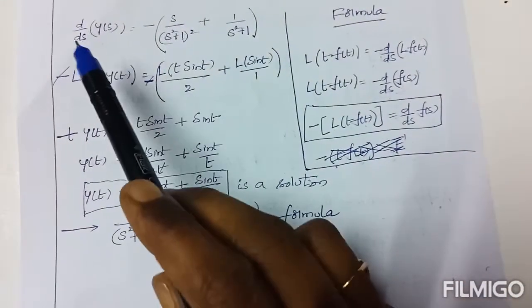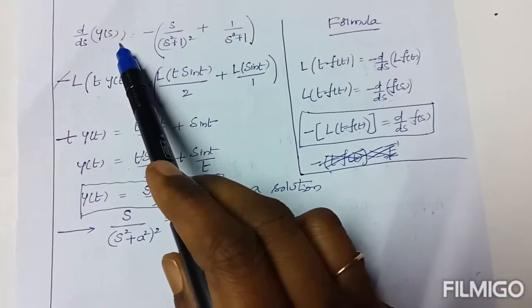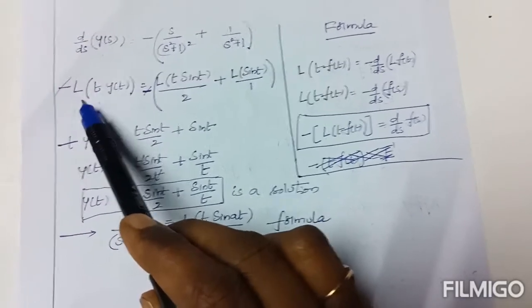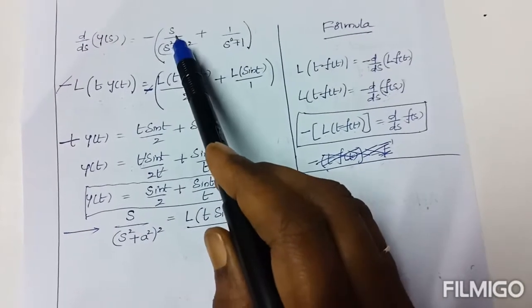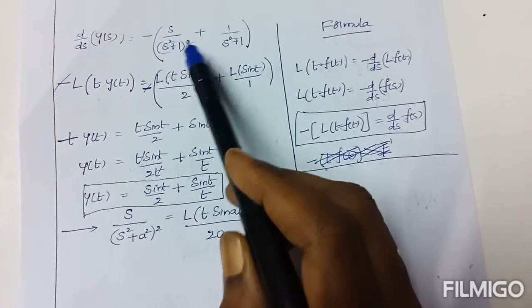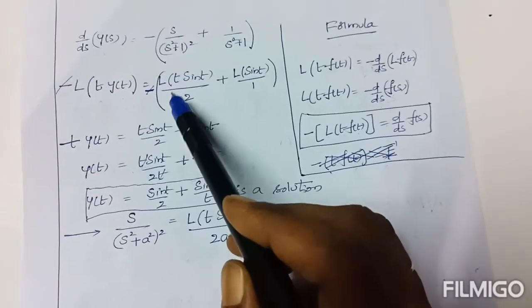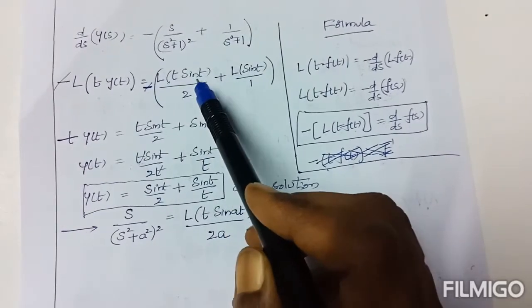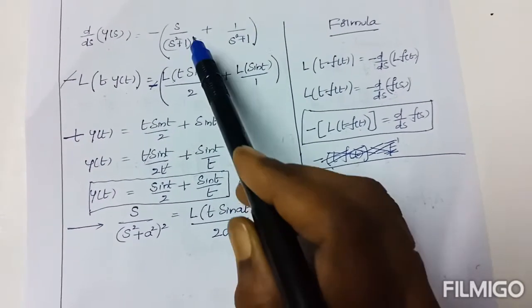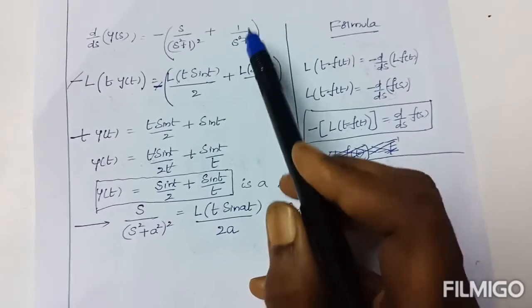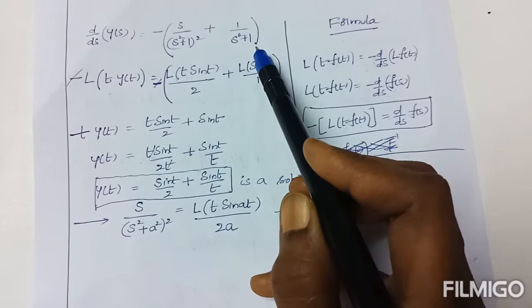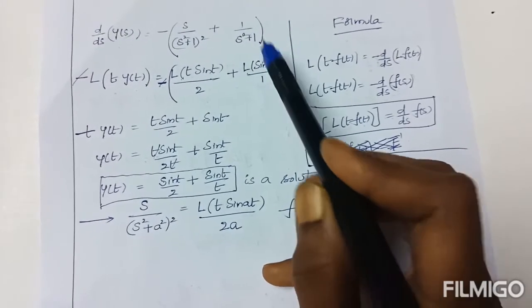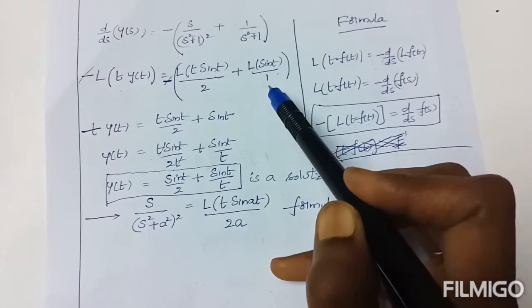As per this formula, d by ds of y of s equals minus L of t into y of t. Minus, this is s by s square plus 1 whole square, a standard formula, 1 by 2a Laplace transform of t into sin at, here a is 1, plus 1 by s square plus 1, which is also 1 by s square plus a square, L of sin at by a, a is 1.